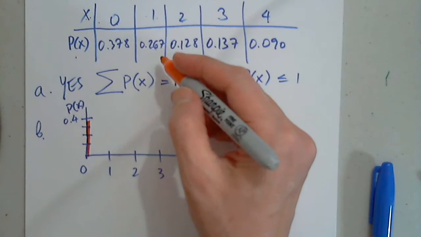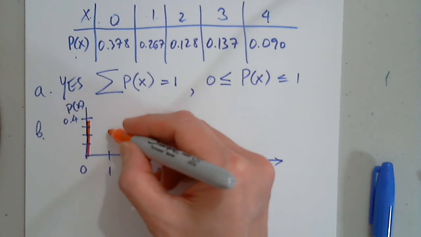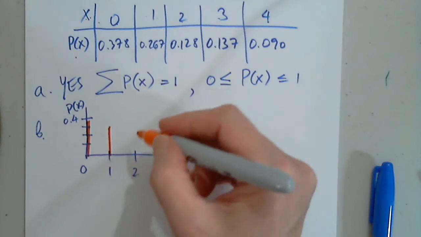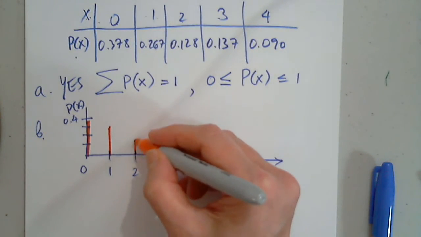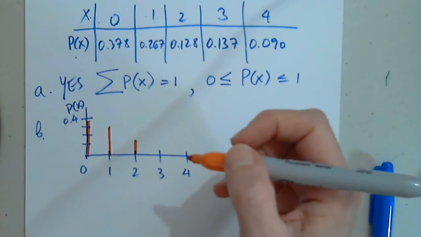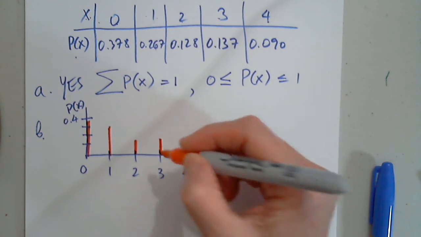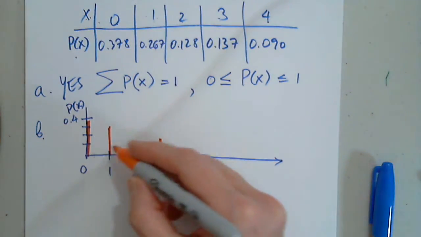For 1, 0.267. 1, 2, 6, 7, something like this. 0.12. 0.137. And 0.09.